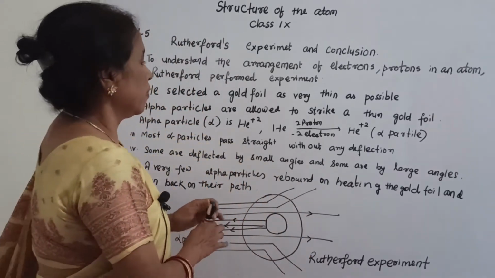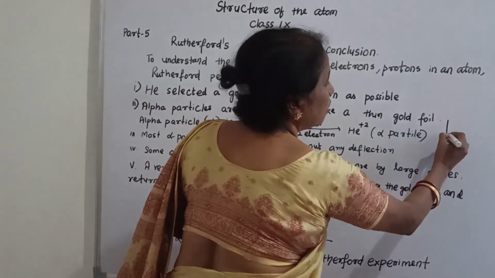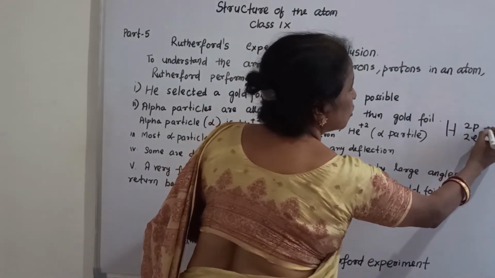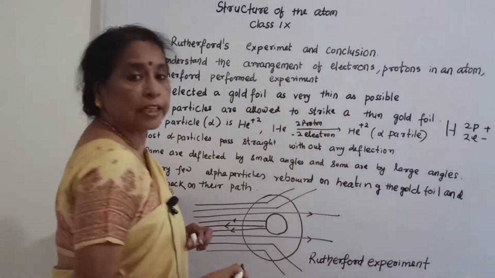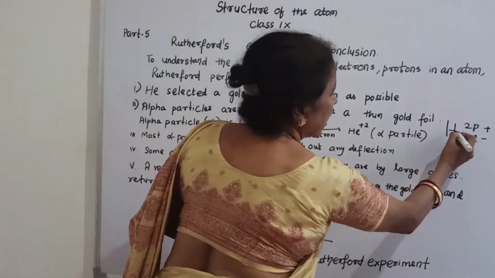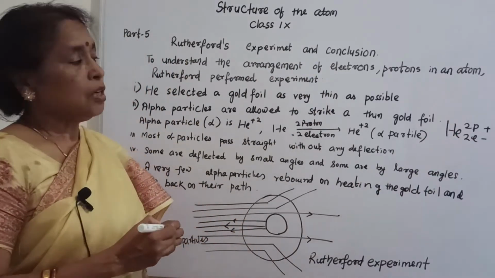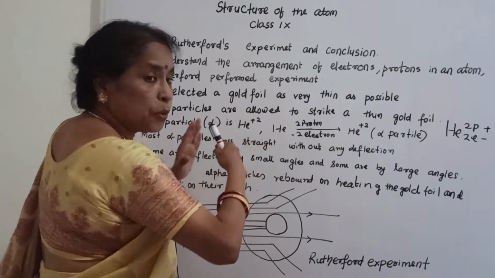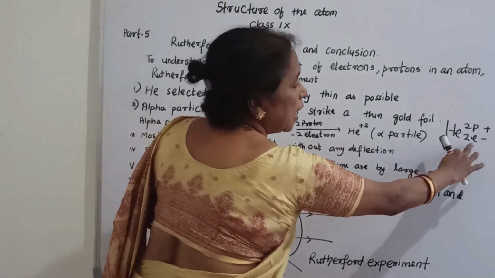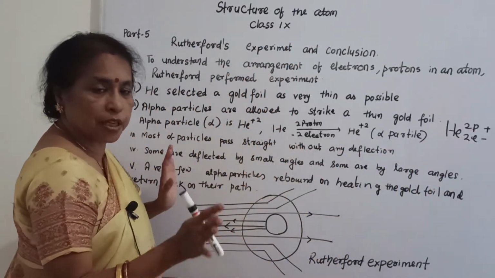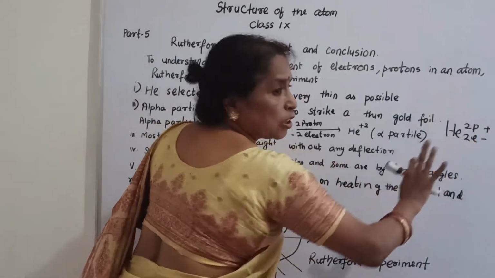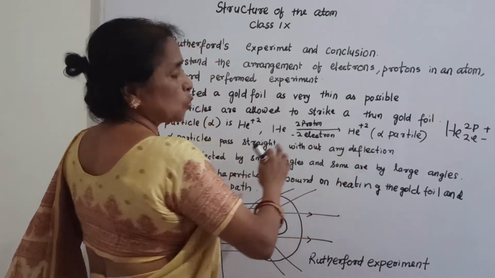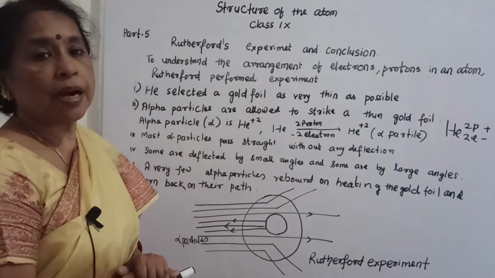You know helium has 2 protons and 2 electrons, 2 positive charges and 2 negative charges. If the 2 electrons are removed, there is no negative charge left, only positive charge, and that is He2+, called an alpha particle.